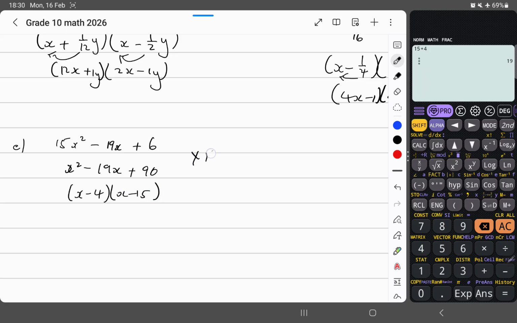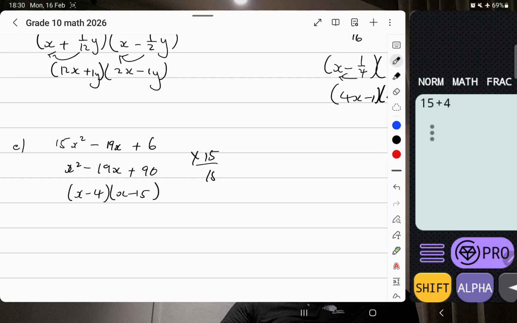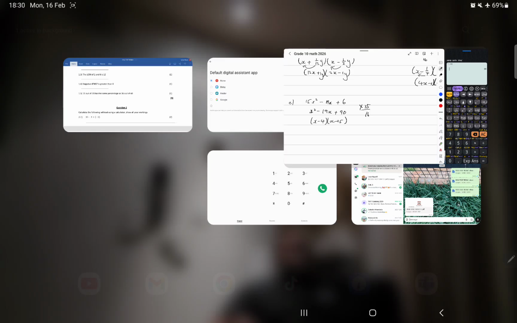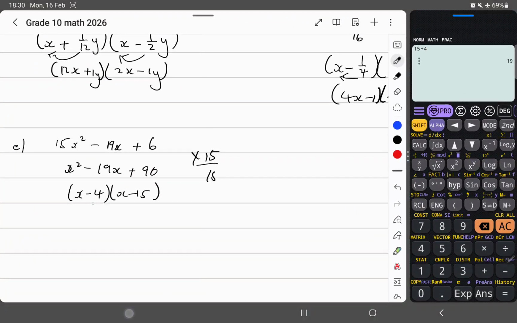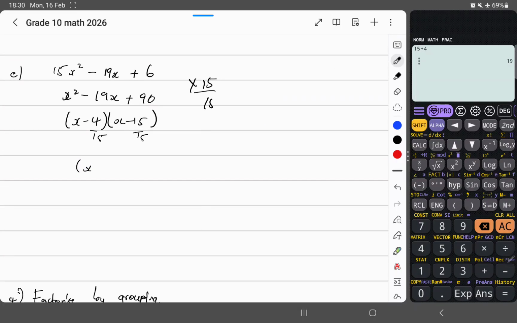But remember, we multiplied by 15. Now we should divide by 15, which is the same as multiplying by 1 over 15. Therefore, I'll divide by 15, divide by 15. So I'm going to have x, and 4 divided by 15 is 4 over 15, so negative 4 over 15 here.